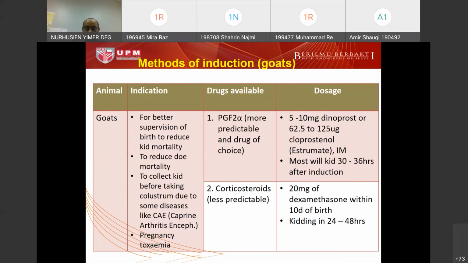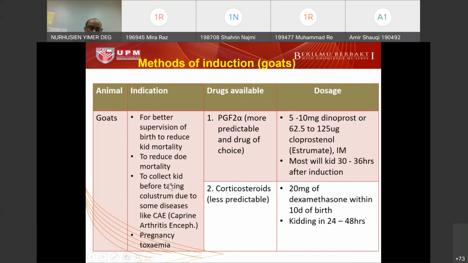So corticosteroids can also be used if you don't have the option to use prostaglandin, right? So yeah, this is the dosage and the time response in which you can see the parturition start. And for indications, more or less similar to sheep, we have pregnancy toxemia and some reproductive associated problems.